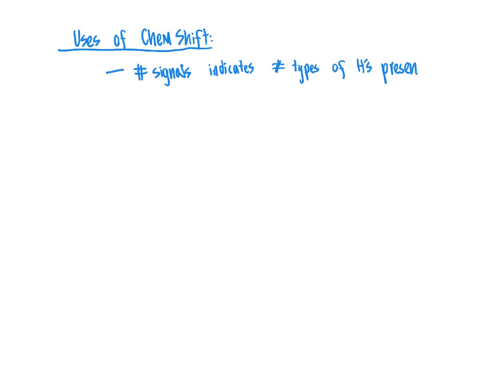And rather than saying just the number of protons that are present, I say the number of types of protons present, because two or more protons that are in a totally symmetrical equivalent environment will show up as a single signal.